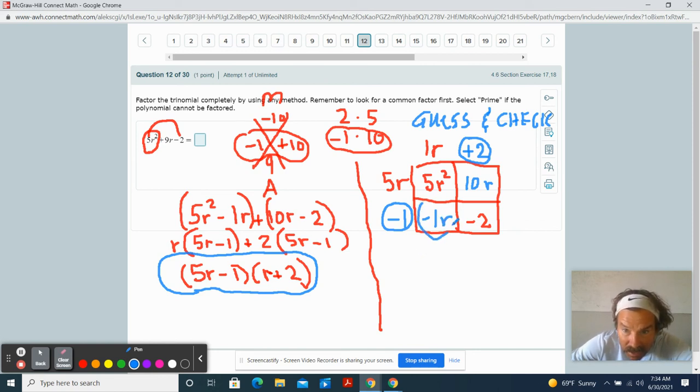These two boxes have to add up to your middle term. What's our middle term? Our middle term is 9r. These two boxes add up to 9r. So we know we got it right. We know the answer is 5r minus 1 times r plus 2.